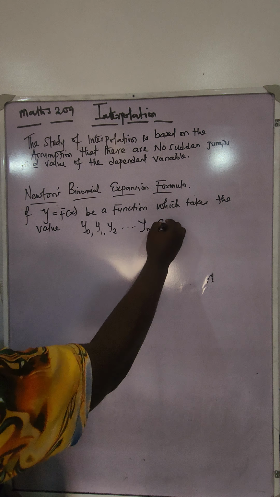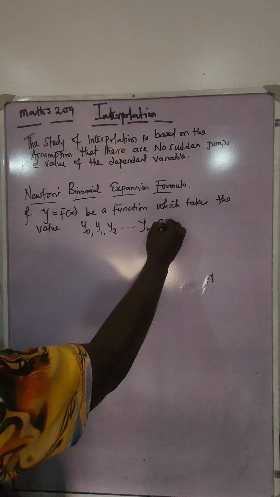You now discover that if one or more values of the function are missing, we use NBE. I'm calling this NBE for the sake of the video, in the sense of Newton binomial expansion.